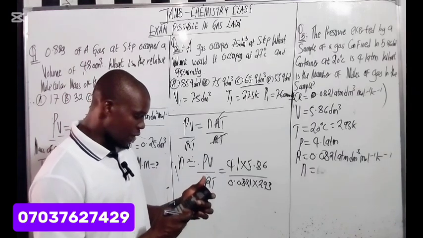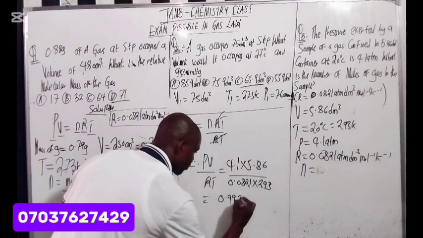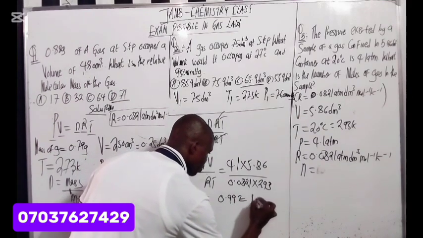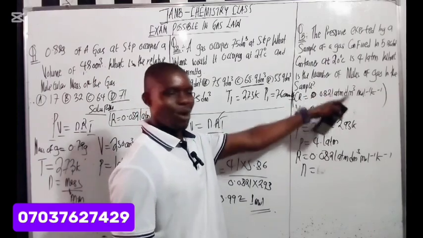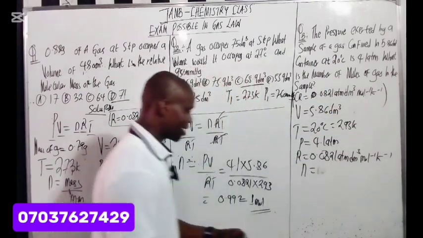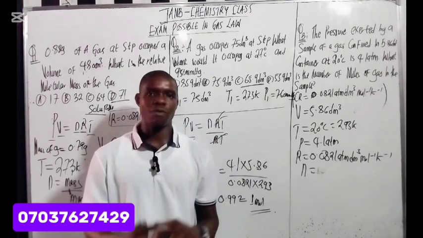So you have 0.99, approximately 1 mole. I didn't put the options there, so the options are not there. You can see how easy it is for you to solve gas laws.